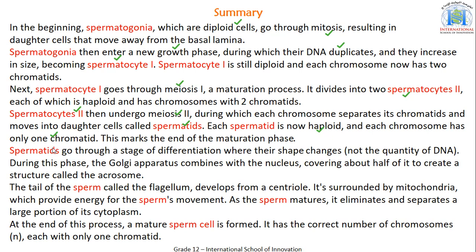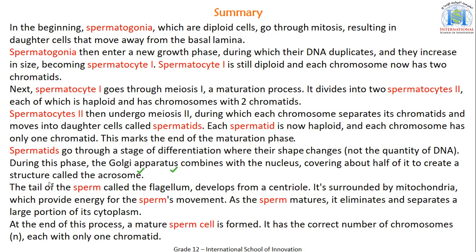Now, spermatids will start the spermiogenesis process, which is the differentiation phase of the spermatids into sperm cells. Many changes happen, but not at the level of the DNA for sure, at the level of the structure. First, we have the Golgi apparatus, which will make the acrosome.